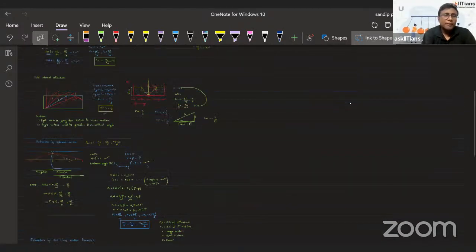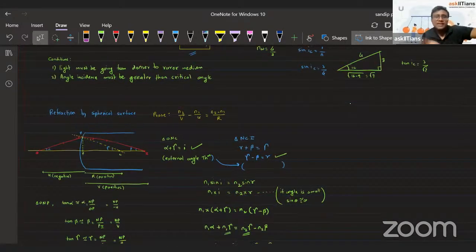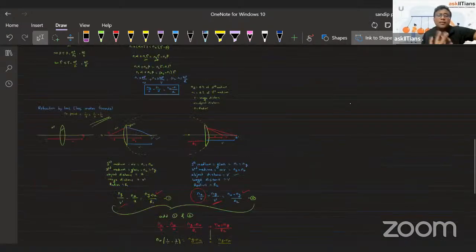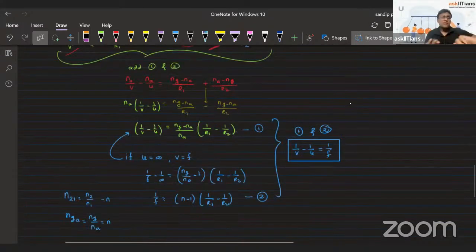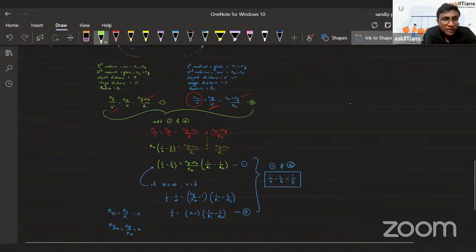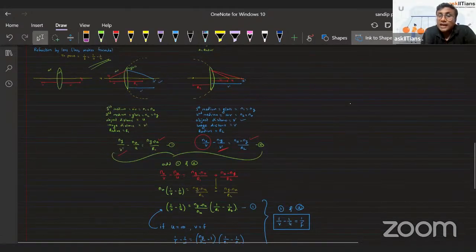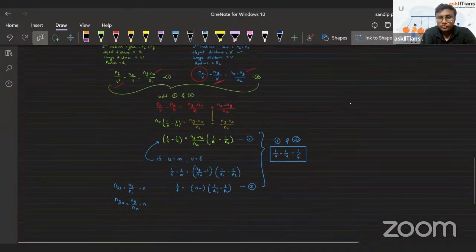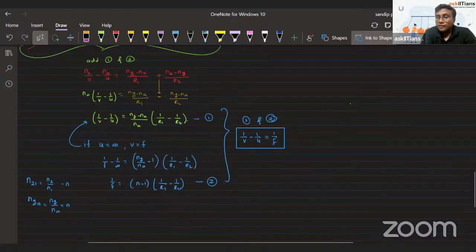They look bigger, but consider these two derivations. This derivation and this derivation are a little bit interconnected, right? So if you do one of them, you'll be able to do the other one easily. And one more small extension you can remember is the combined lenses, or combined focal length.